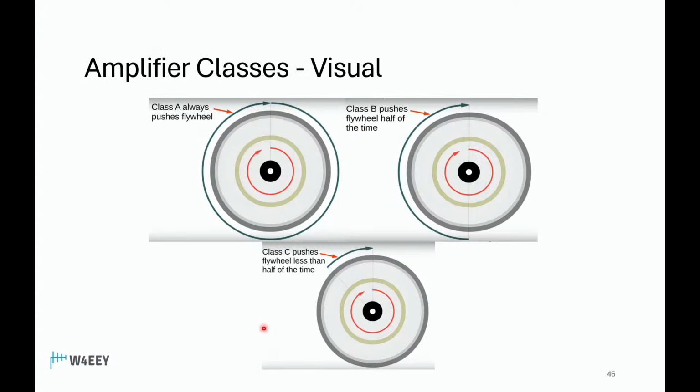And then the third way that we'll explain it is the way that Kastler explained it, where he was using a flywheel analogy. A flywheel is like a big metal plate. Look at it that way. So in the case of a Class A, it's always pushing the flywheel all the way around. Class B pushes the flywheel half of the time, and Class C just gives it a little push.